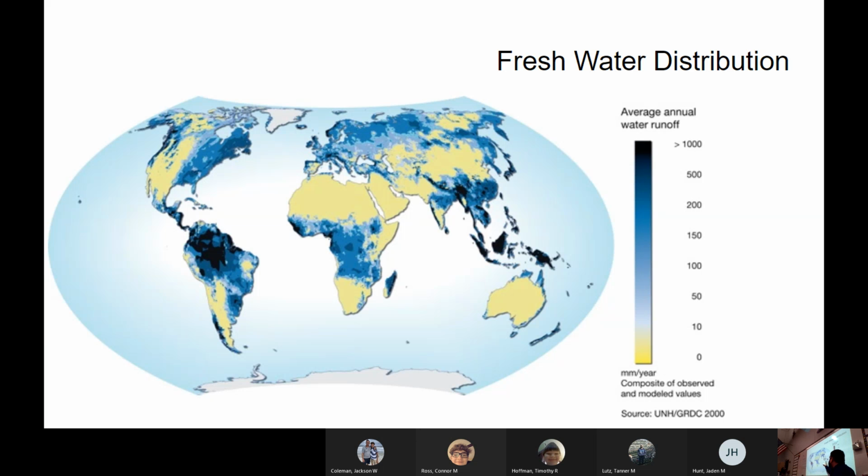Most people in Australia live on the edges. They don't live in the middle of the country. There's no water. Again, Africa, Sahara Desert, the American Mojave deserts. Water's not everywhere. And water is probably the most important resource we have, especially clean, fresh water.